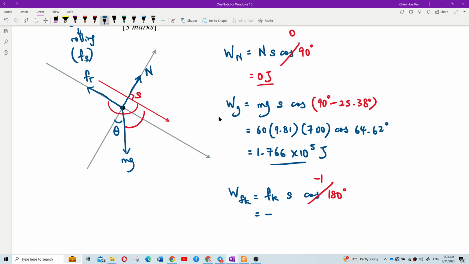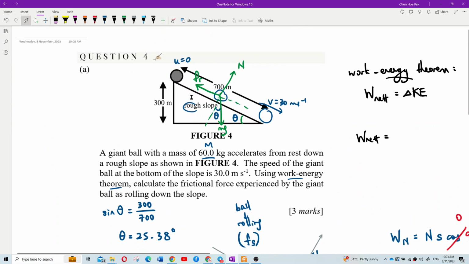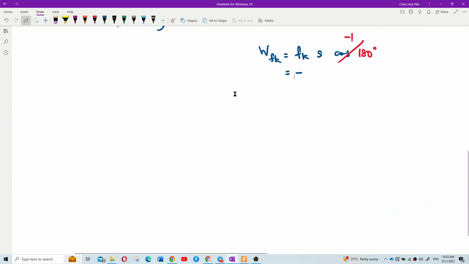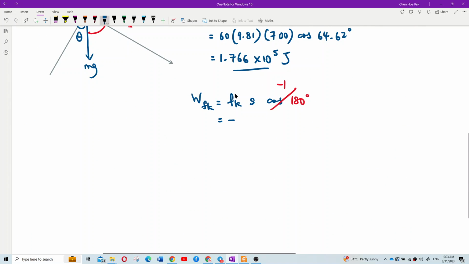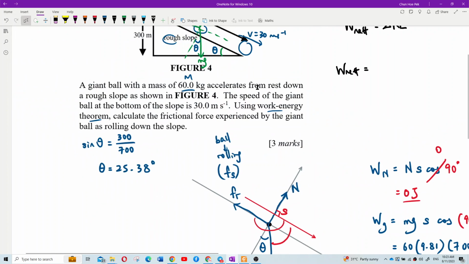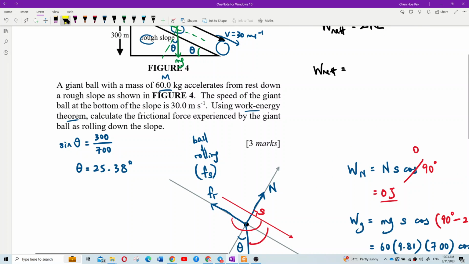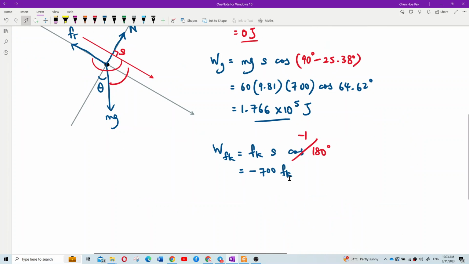The displacement is 700, so just put a friction there. So negative friction times S, the displacement 700. We don't know the friction, right? Not given the coefficient also, right? He asks you to find friction. So friction you need to find later.